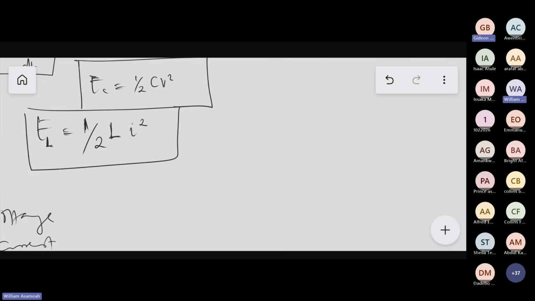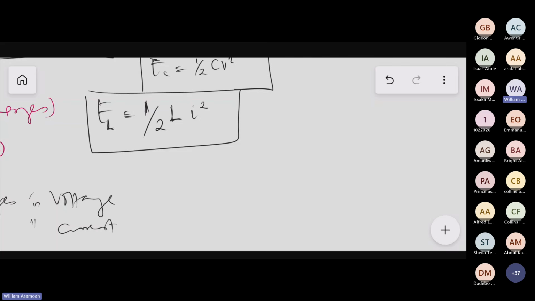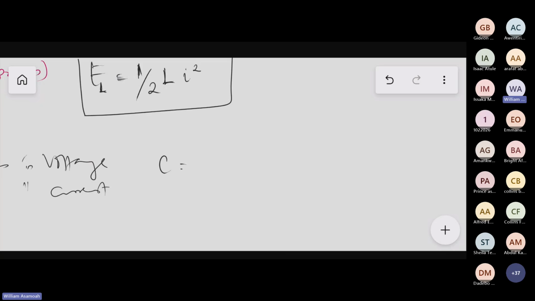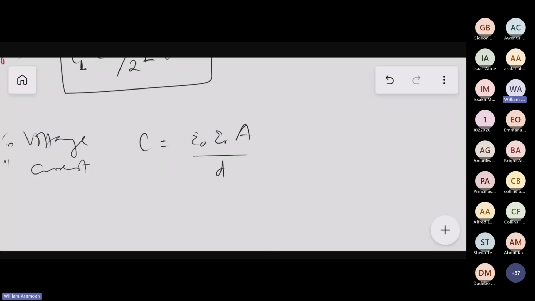Okay. Like we said, the capacitance of a capacitor does not depend on the circuit it is in, but on its physical properties. So we said that C was equal to epsilon naught epsilon r A over d.